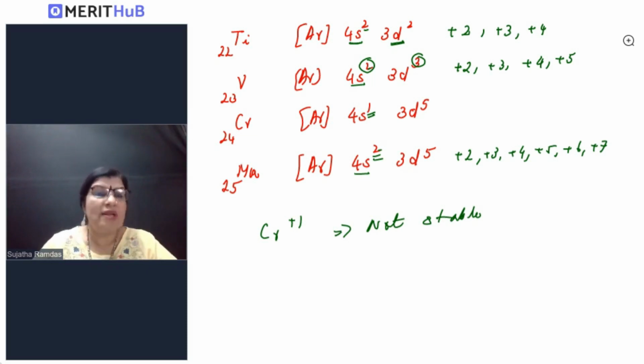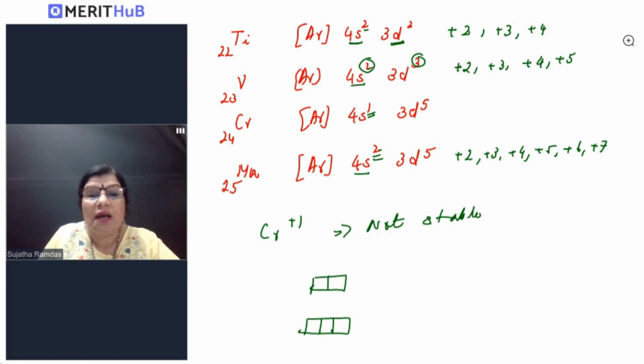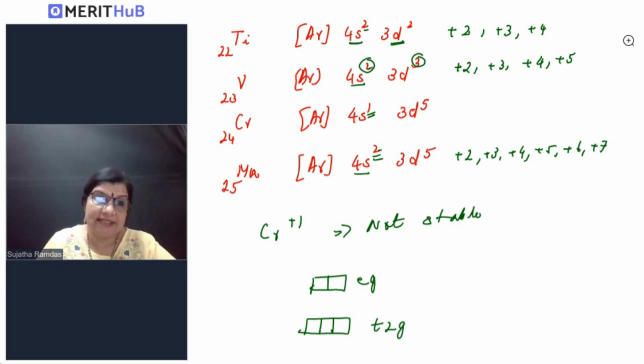So they lose one or more electrons and attract the ligands. When the ligands approach the chromium 1+ ion, the d orbitals split into two different energy levels. We call these the t2g and the eg. I've just shown the octahedral splitting of d orbitals.